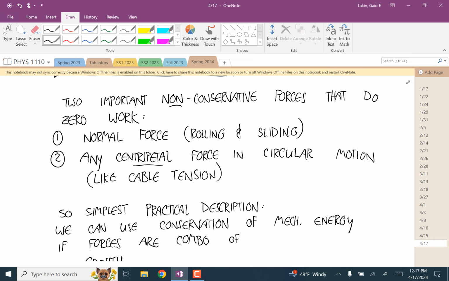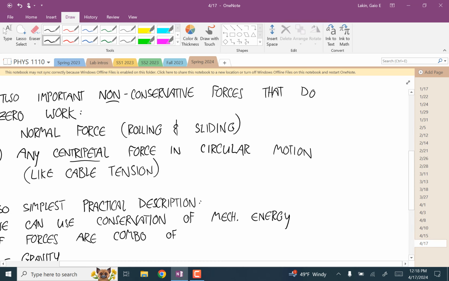Remember that? Okay, well, normal forces in rolling and sliding and centripetal forces in circular motion are two cases where at every instant the velocity is perpendicular to the force. Well, if the velocity is perpendicular to the force, then the object isn't being sped up or slowed down. Energy isn't being increased or decreased by the force.